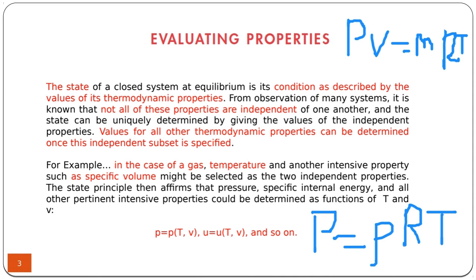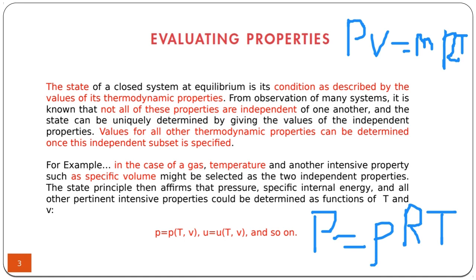So as a result, we can say that except for the situation where there is a phase change, one property is related to two other properties. For instance, pressure is related to temperature and specific volume, or internal energy is related to temperature and specific volume, and so forth.